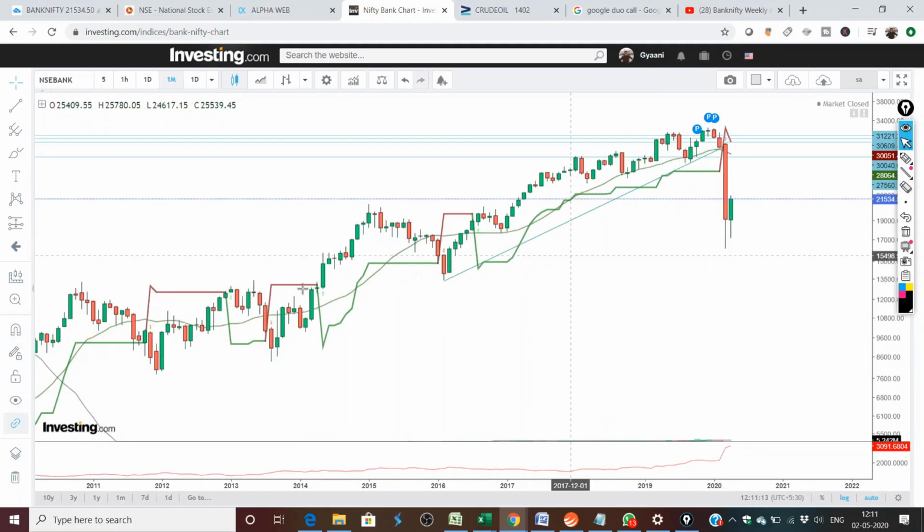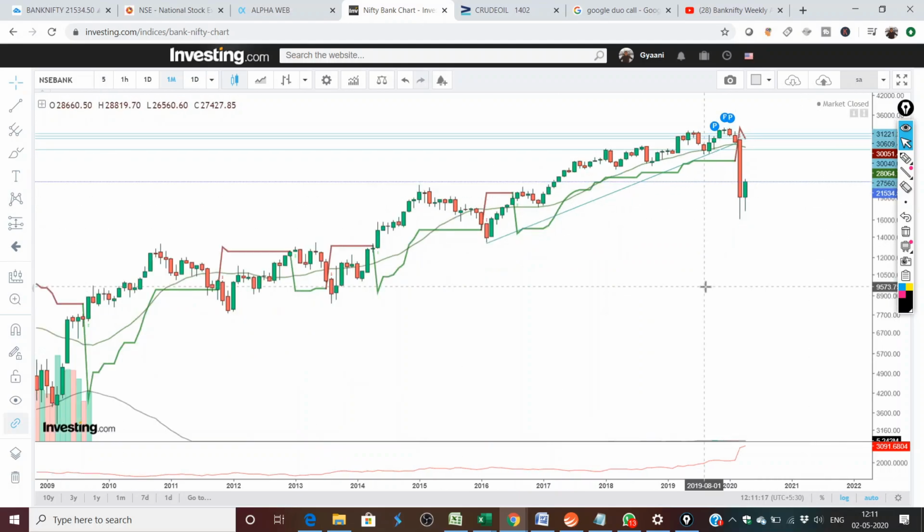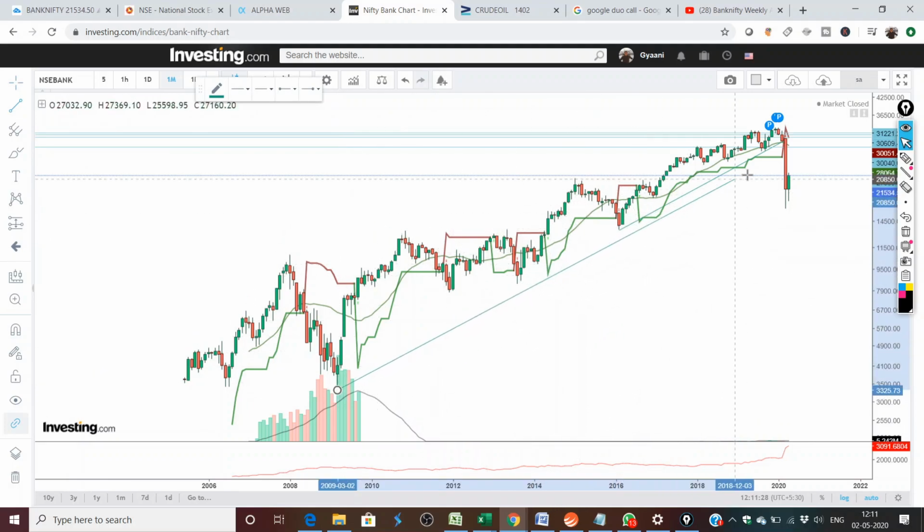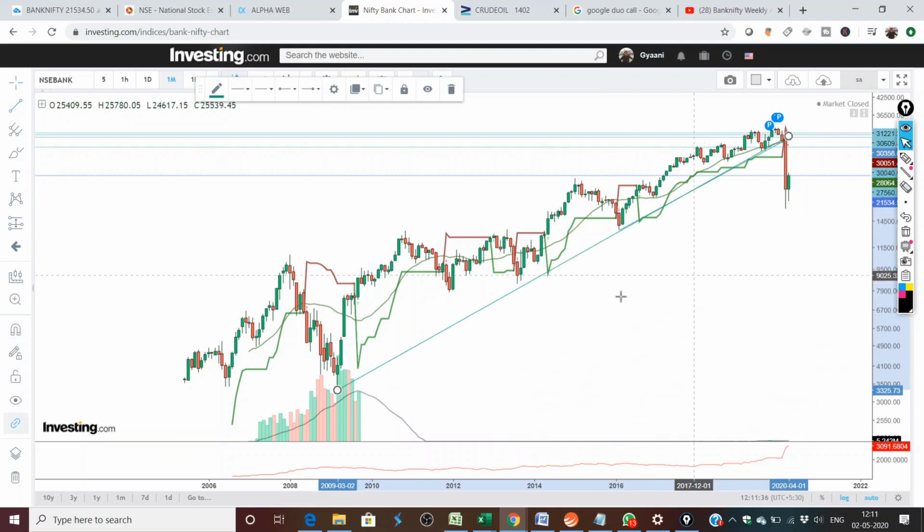I'm taking you through a Bank Nifty chart of one month. Let us analyze how the trend is now. There is a need for us to draw a trend line. Let's mark this low and understand what the trend is. This was the trend which we drew in the past.